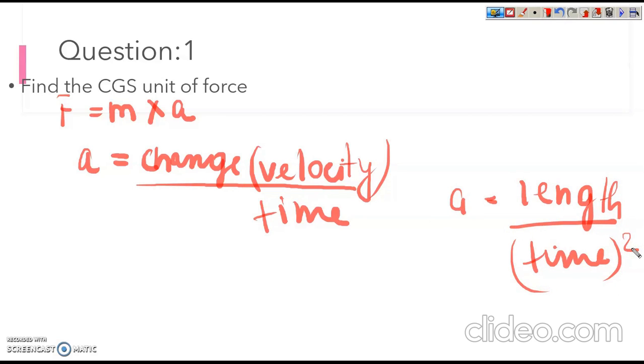So now we'll substitute the units of quantities. We have CGS units of force.